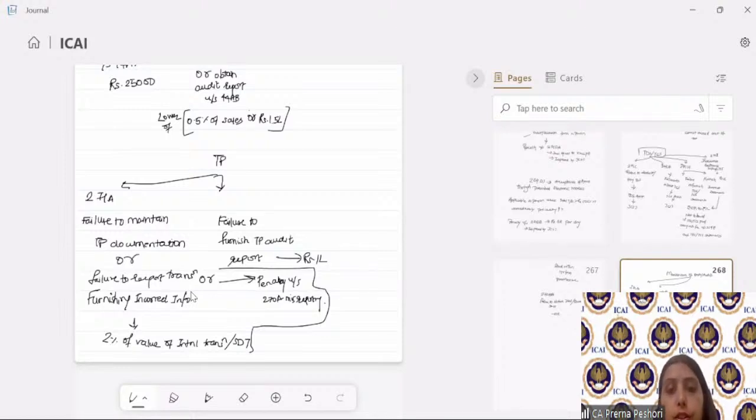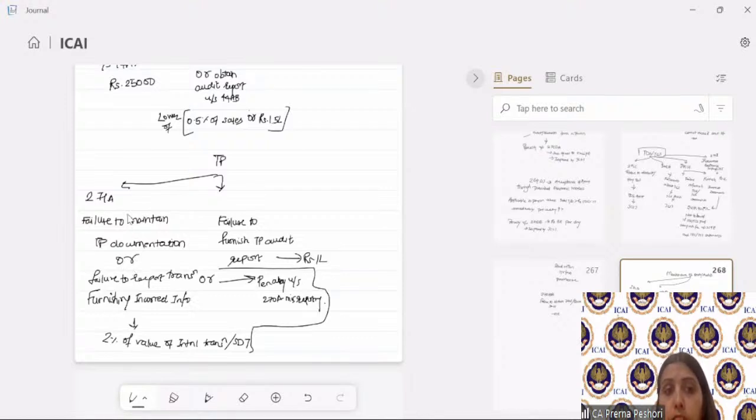So failure to furnish the TP audit report under section 92E will be rupees 1 lakh. So again, this is a very TP specific penalty, which I have written separately for you, right? So if you break it this way, it will help you in remembering the penalties. Is that clear?